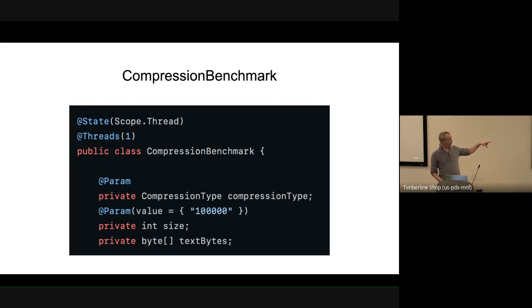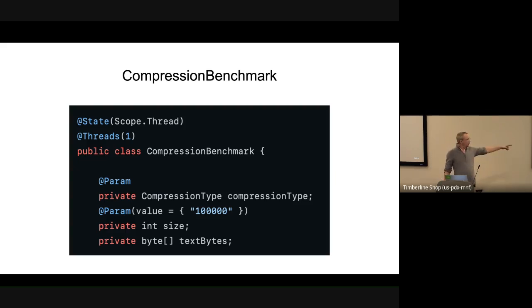It says @Param, and then private compression type. I've declared compression type as a Java enum, and JMH automatically knows how to handle an enum. It's going to run my test with all the permutations of that enum because I've put the @Param there. If I forgot to put the @Param there, then it's not going to run any permutations at all.